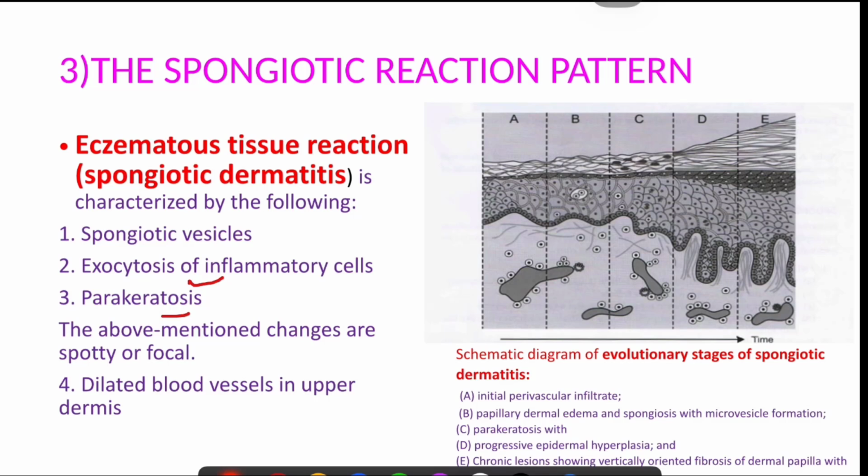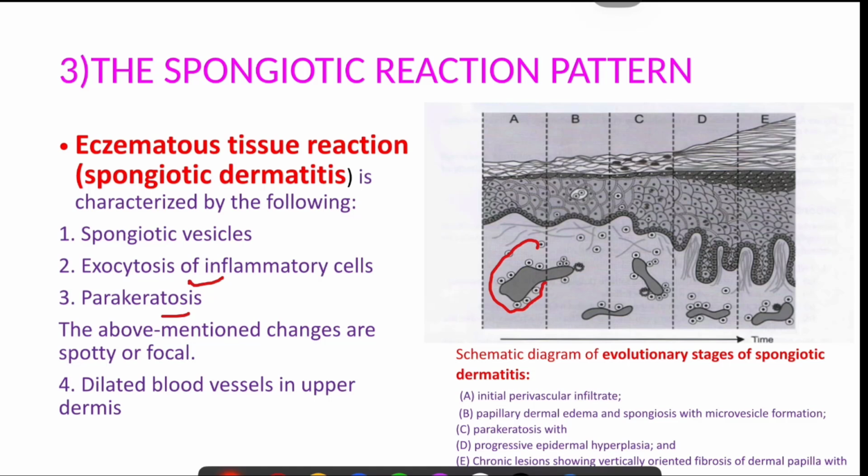So here there are evolutionary stages. In the early stage there is only a perivascular inflammatory infiltrate, and then there is papillary dermal edema and spongiosis with microvesicle formation.